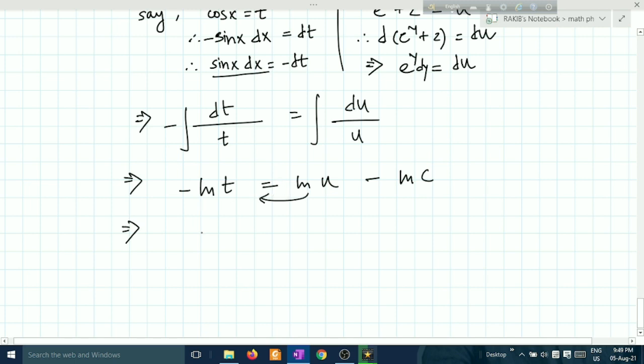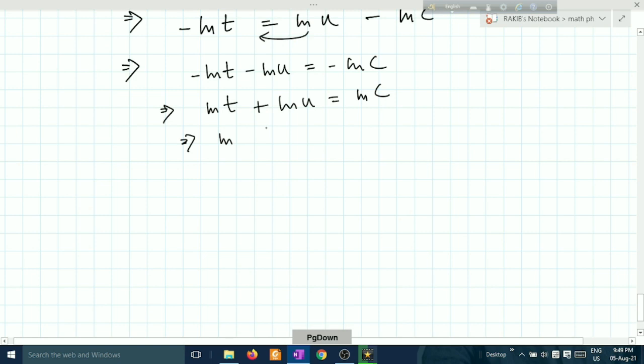Take the ln u on the left-hand side: ln t plus ln u equals ln c. Ln t and ln u becomes ln of ut, or ln of tu, equals ln c. This means ut equals c.